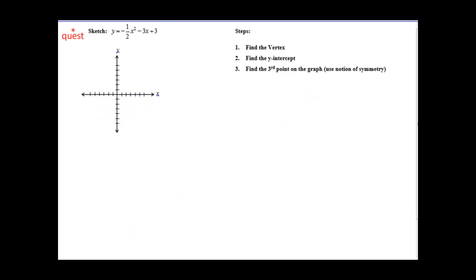All right, for the last one, let's call it a quest, but together. First one, we need to find the vertex. So x equals the opposite of negative 3 over 2 times negative 1/2. So 3 over negative 1, so you get negative 3.